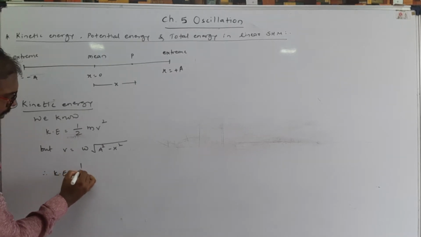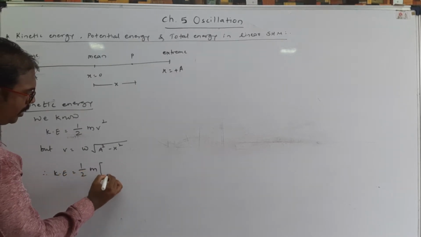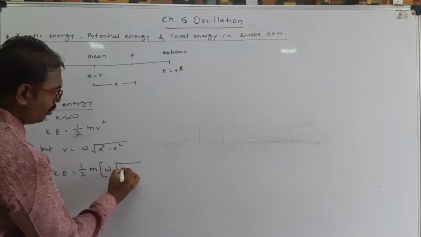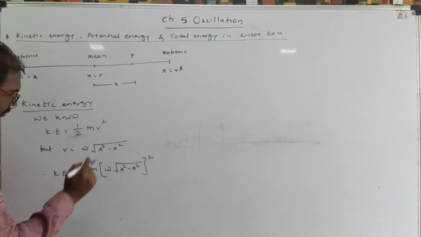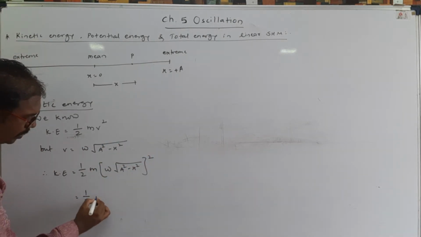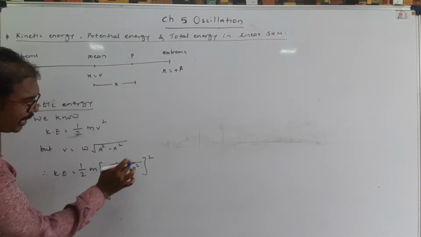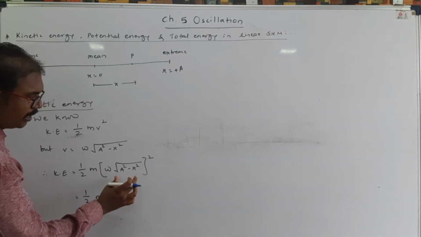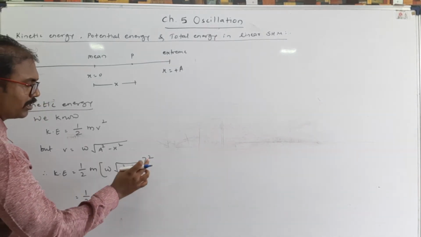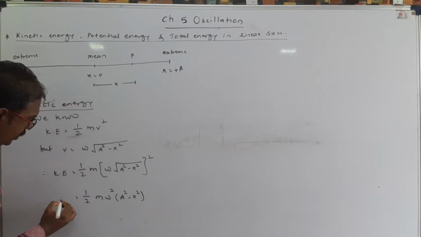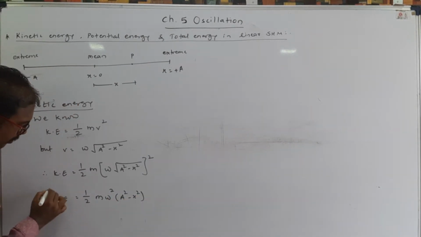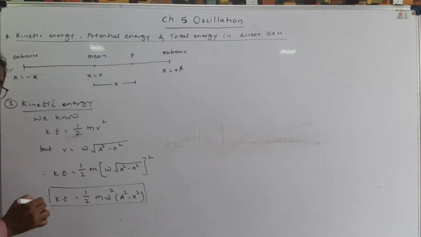Kinetic energy is equal to 1 by 2 m into omega under root a square minus x square, this term squared. So we get 1 by 2 m omega square, and under root a square minus x square, squared means the root gets cancelled and we get a square minus x square. So this is the expression for kinetic energy.